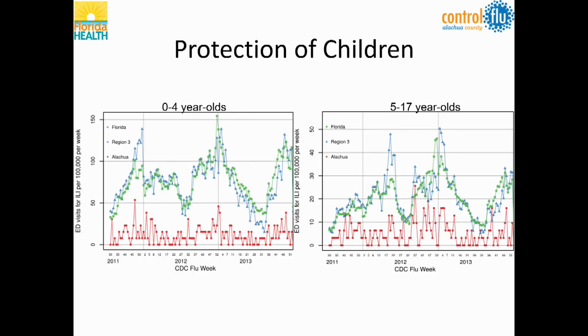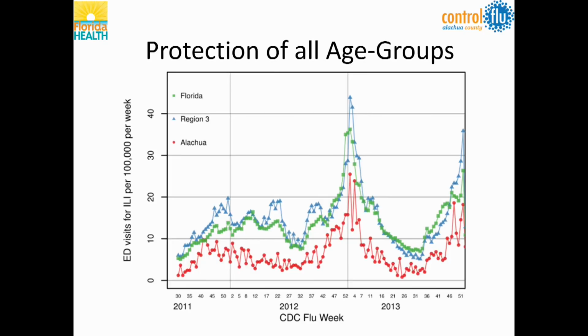The 5 to 17-year-olds, you see a similar picture, and you would expect this because these are the students that we're immunizing. So there's less flu in these students in Alachua County as compared to other parts of the state. When you look at the protection of all age groups, again, Alachua County has less flu.